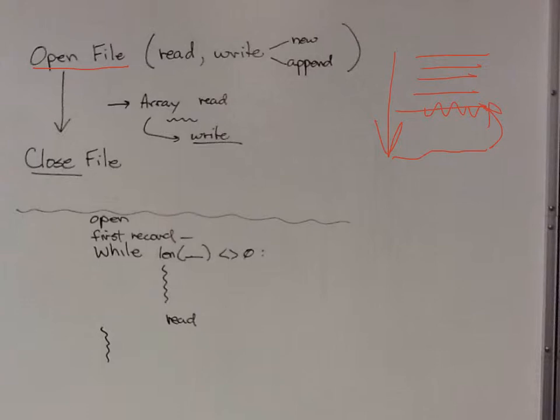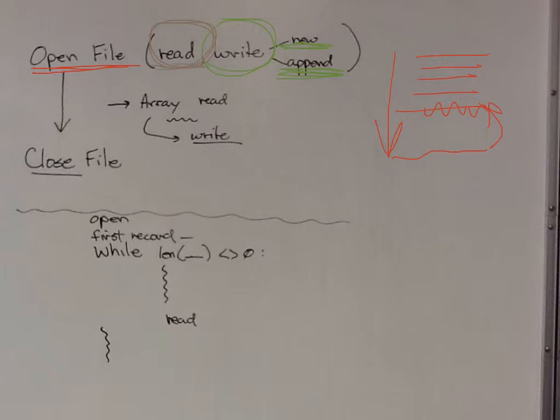In some cases, people figure out ways to open multiple files. But in our case, when you open a file, you can write information to it, rewrite the file new, append to a file that's already open, or open it to read the information from the file.